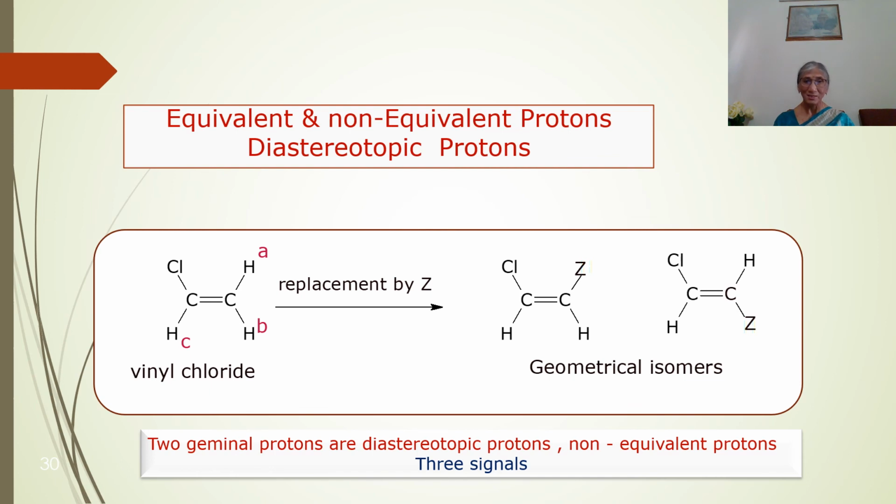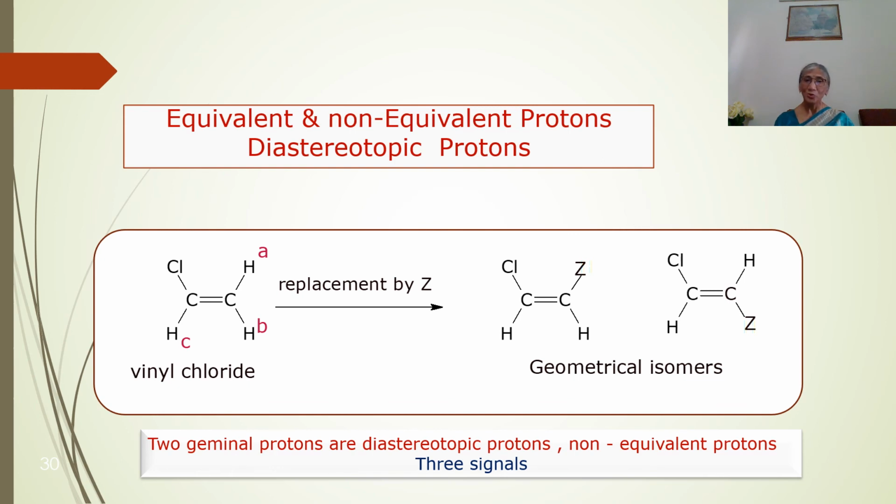Now we can summarize that homotopic protons, whether the medium is chiral or achiral, will be chemically equivalent protons, and they will show the absorption at the same applied magnetic field.